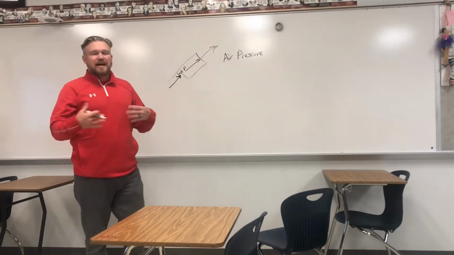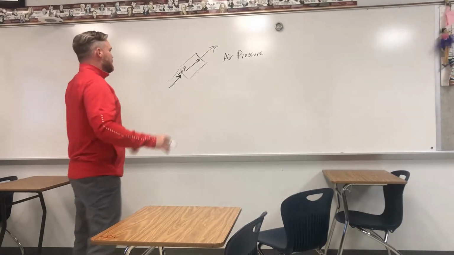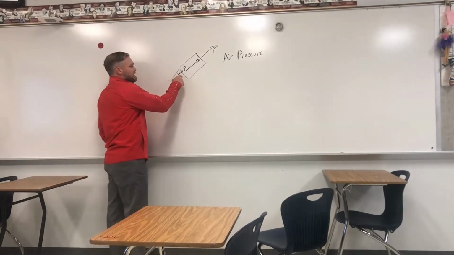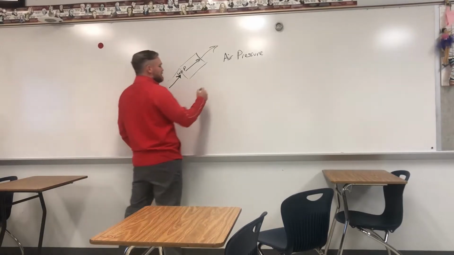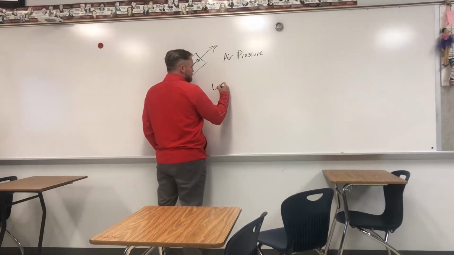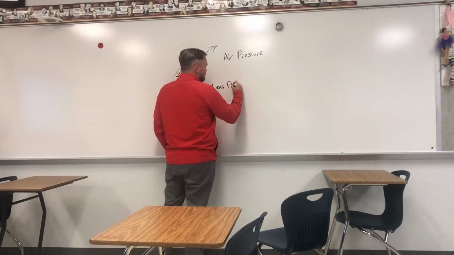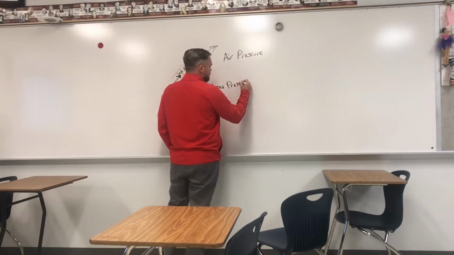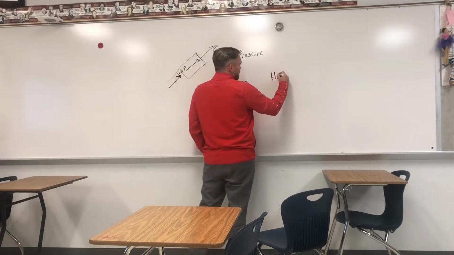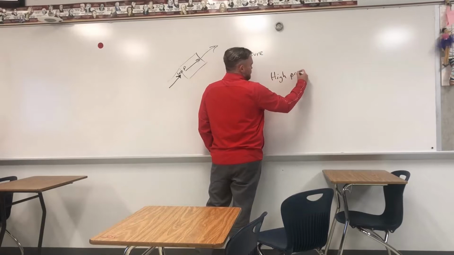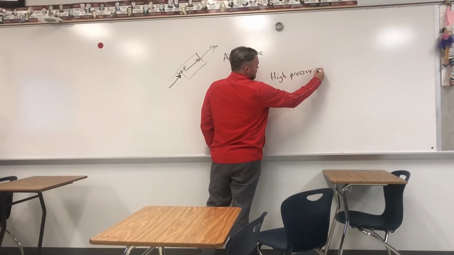Now, that's not terribly important to us, except that if we create less pressure inside, that means we have higher pressure outside. So we have low pressure inside, and then we have high pressure outside.